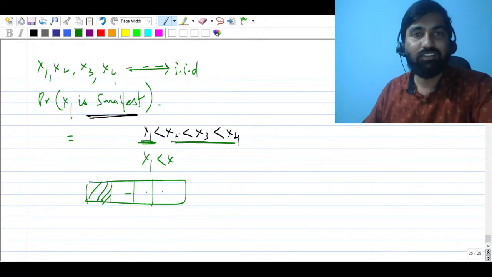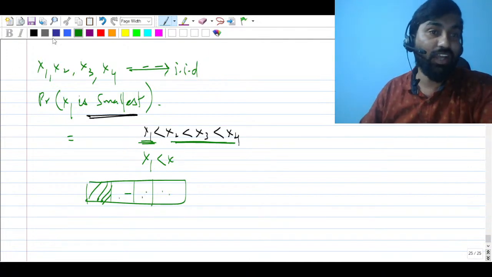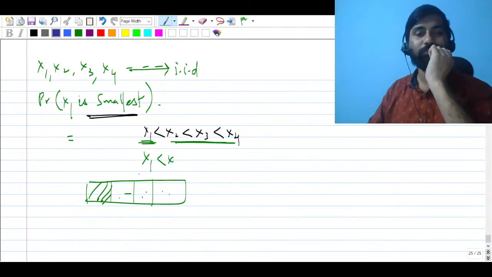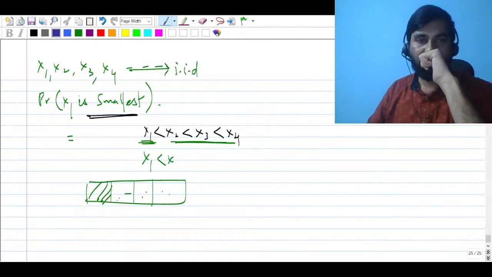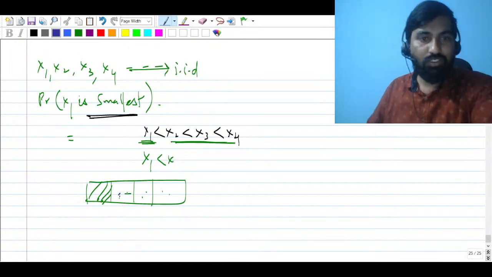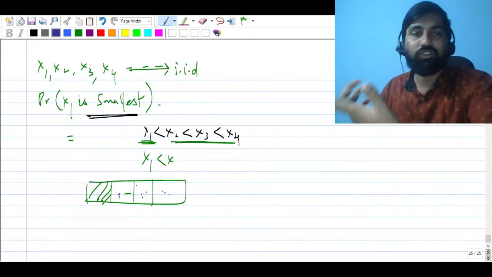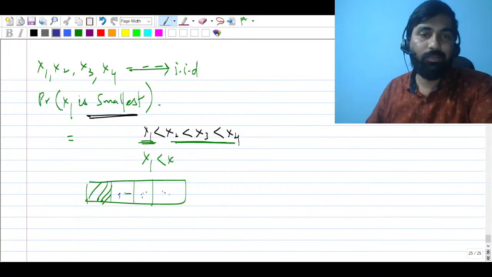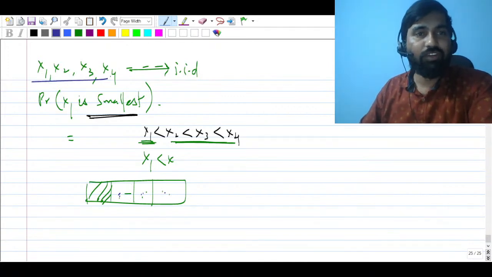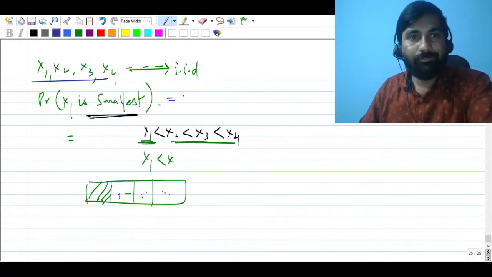There will be many possibilities. If you put x2 here, then x3 and x4 will be placed after it. You can use that concept as well. There are four random variables, so 1 by 4 will be the answer for this question.